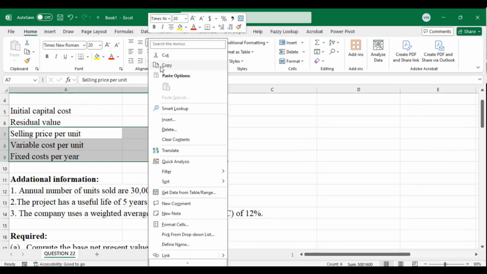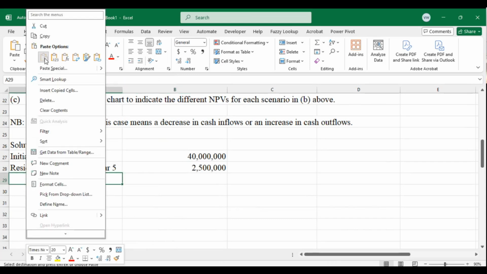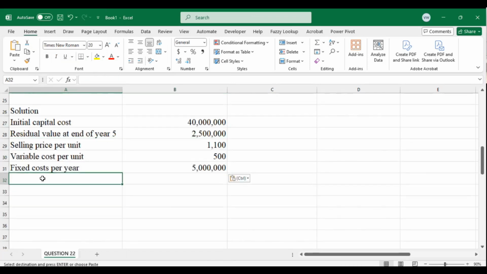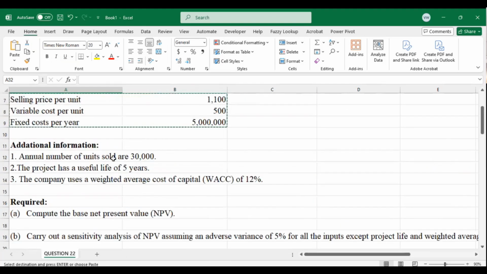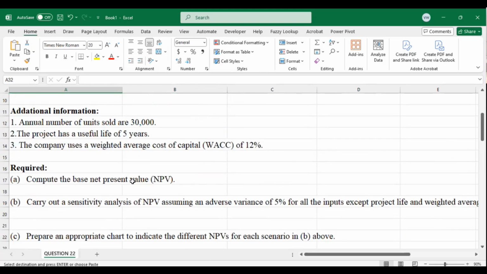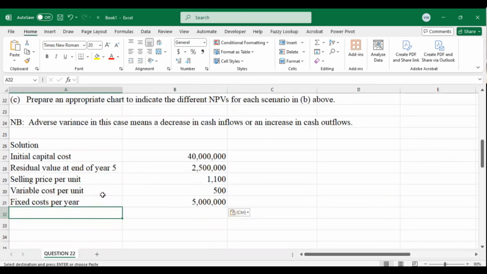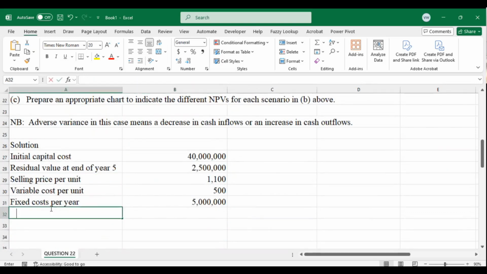So let me have these. We have the unit selling price, the unit variable cost, and the total fixed cost. And the question has also told us the annual number of units sold is 30,000 units. So remember what we said from day one, you have to separate text values from numeric values. So let me type this as annual number of units.